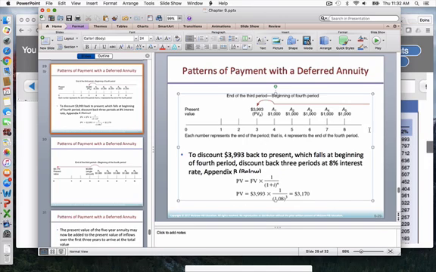So that was a two-step process. One, present value of 1,000 for 5 years using the Appendix D annuity, and then whatever we calculated, we discounted back 3 more periods using Appendix B this time.